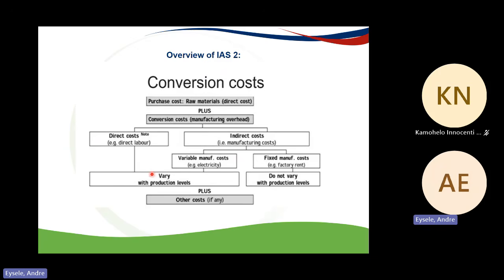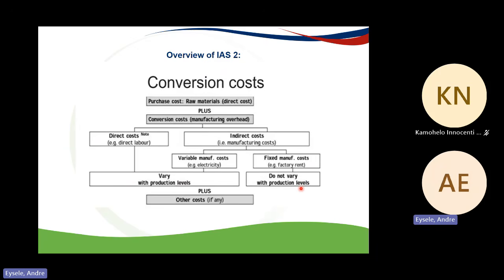Those costs will vary as production level stops, but fixed manufacturing costs like the factory rent or the depreciation, if you have got a load shedding or there's no electricity, you will still need to pay the rent. You will still need to write off depreciation for the bigger machines of the entity.